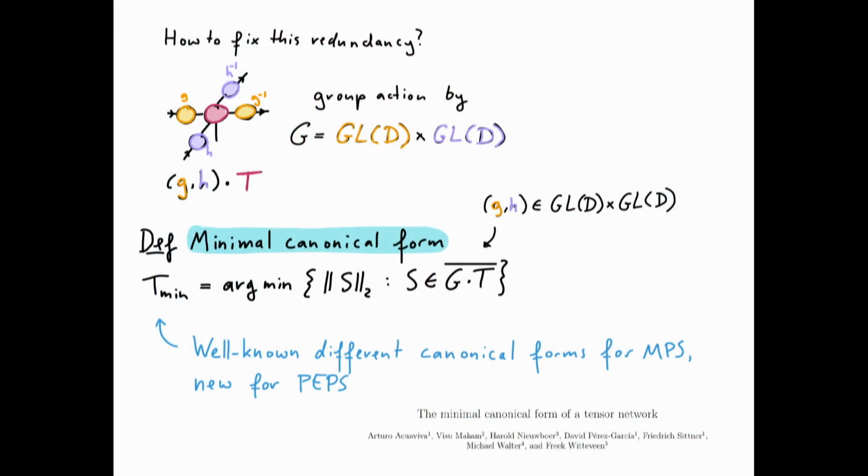So actually, I didn't have time to mention it, but now that you ask, I can fortunately talk about it. This minimal canonical form, I flashed it a little bit quickly.